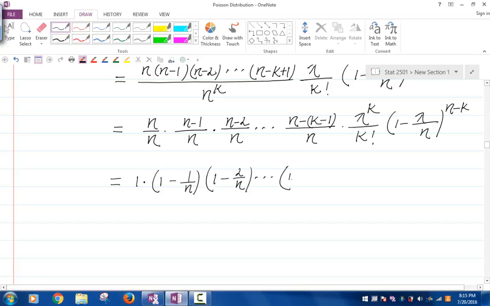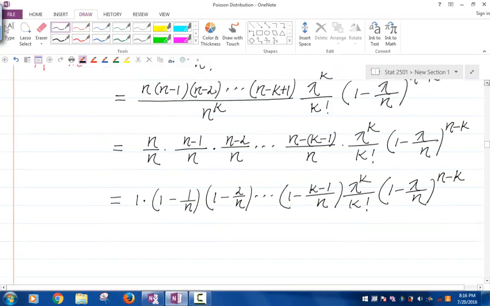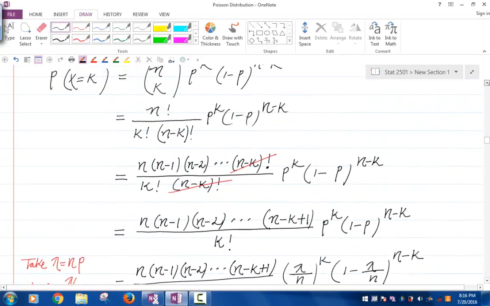Same way, 1 minus k minus 1 over n, times lambda to the k over k factorial, times 1 minus lambda over n to the n minus k. Okay, so now we are going to take the limit as n goes to infinity.